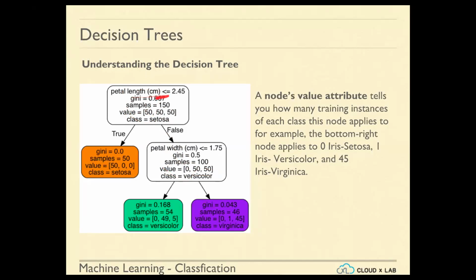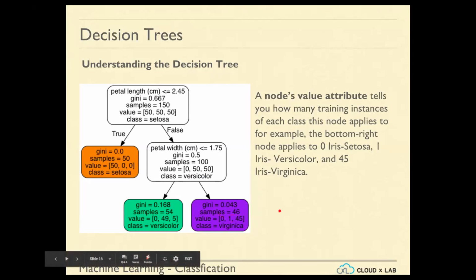Before applying this logic, it could be that there are 50 instances of each. On this rightmost one, if somebody comes till here, it is most likely going to be virginica, for 45 out of all.